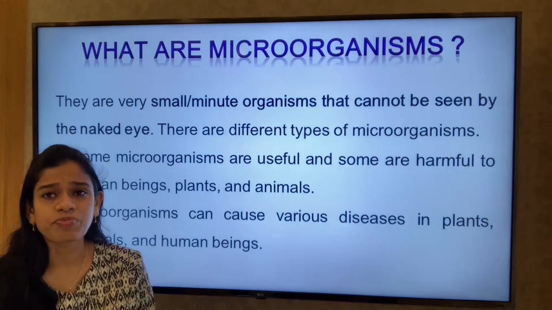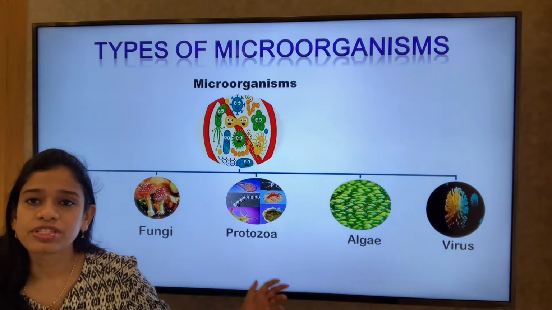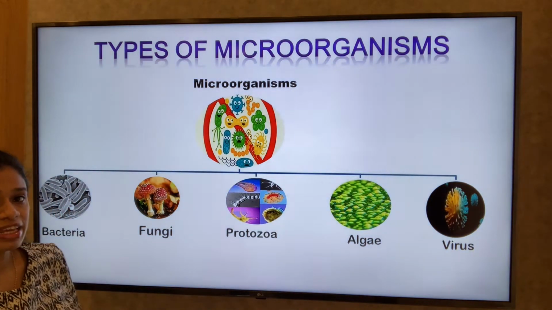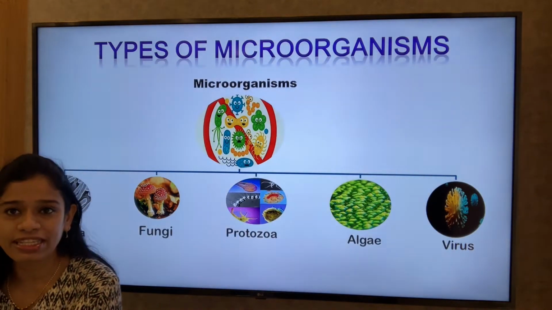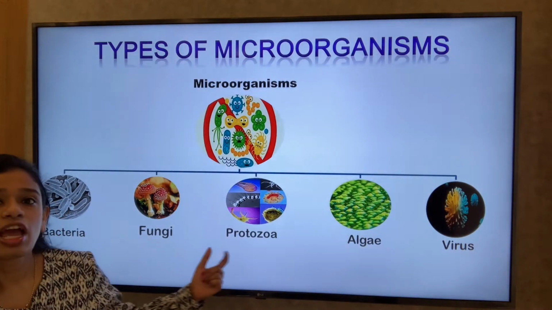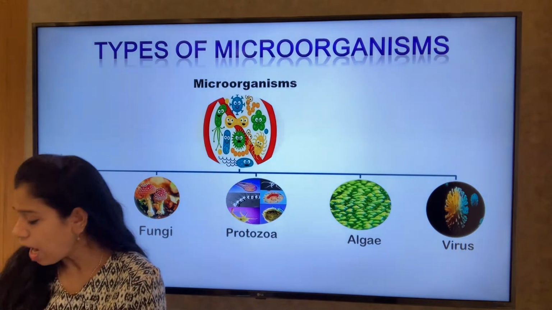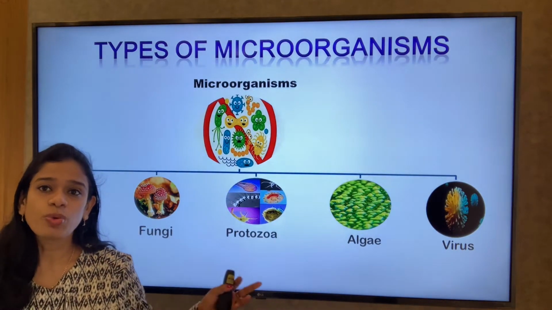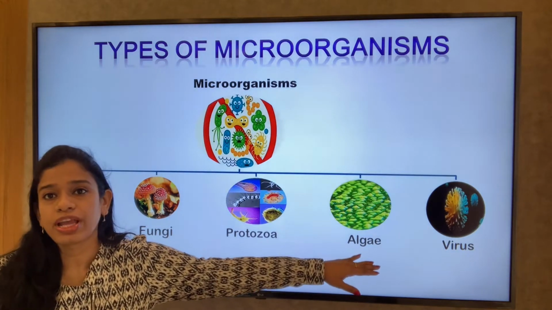So these are the types of microorganisms that today we are going to study. The first microorganism is bacteria, which I think all of us know, followed by fungi, protozoa, algae and virus.